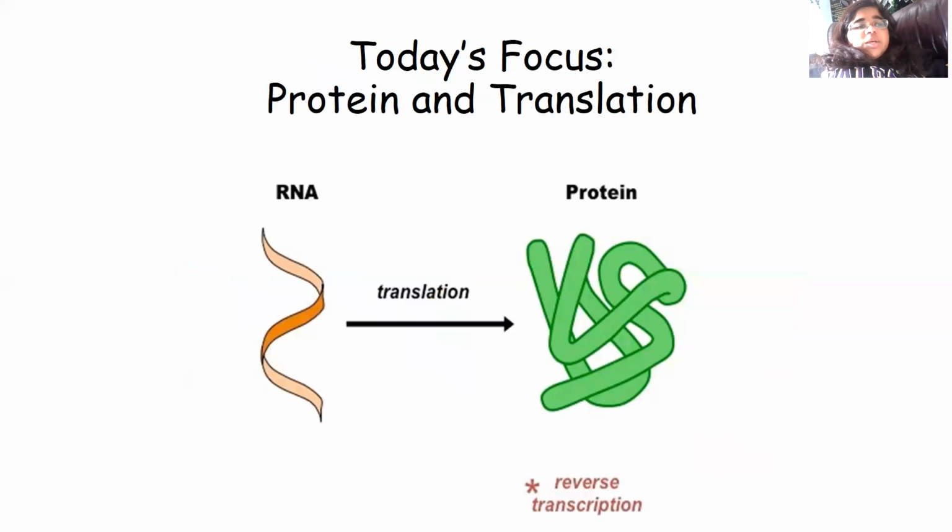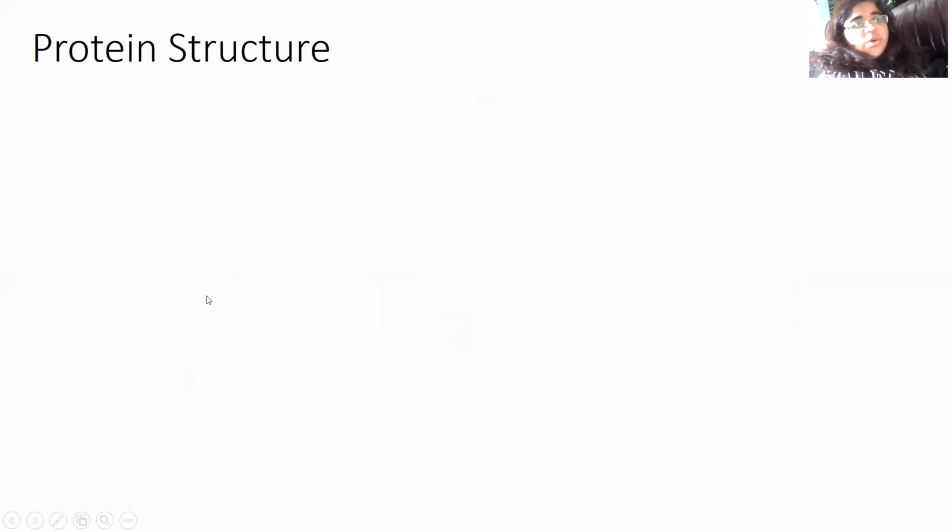Today's focus is more on protein and how protein is made, right? So we're going to focus on the latter half of the central dogma. Before we talk about translation and turning it into protein, let's actually talk about protein.